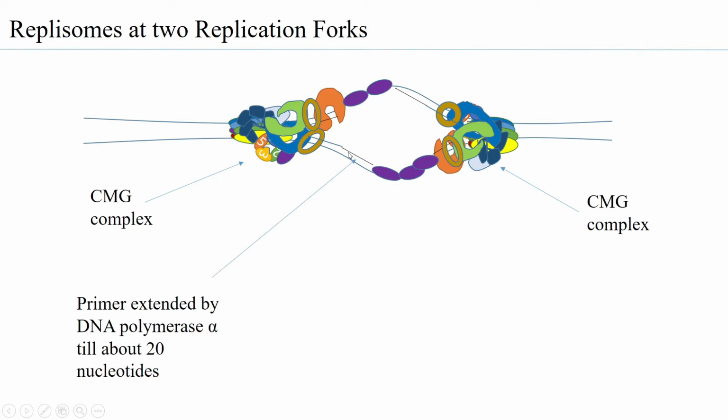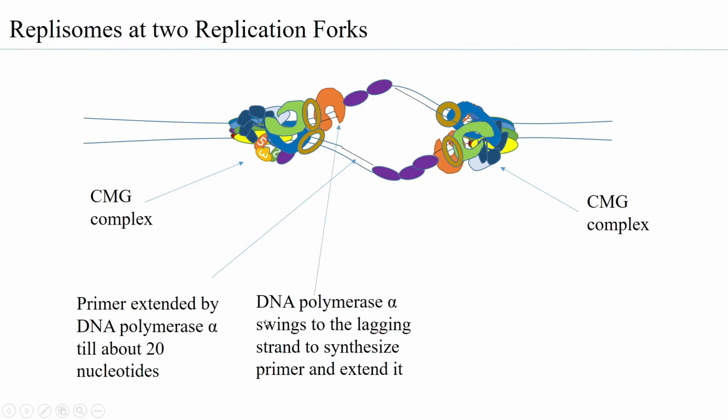Now, the primer that is formed by the DNA polymerase alpha is extended by the DNA polymerase alpha itself because it has both the primase and the polymerase domains, and therefore the DNA polymerase alpha will extend the primer till about 20 nucleotides. Having done that, it basically swings from the leading strand to the lagging strand and then carries out the formation of the primer and the extended DNA on the lagging strand.